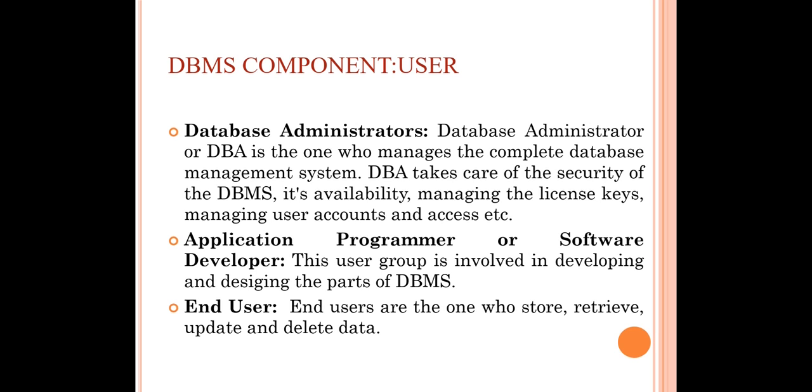DBA takes care of the security of DBMS, its availability, managing the license key, managing the users' accounts and access, etc. The application programmer or the software developer is the user group which is involved in developing and designing the DBMS. Next is the end user. End user is the one who stores, retrieves, updates and deletes the data from the database.